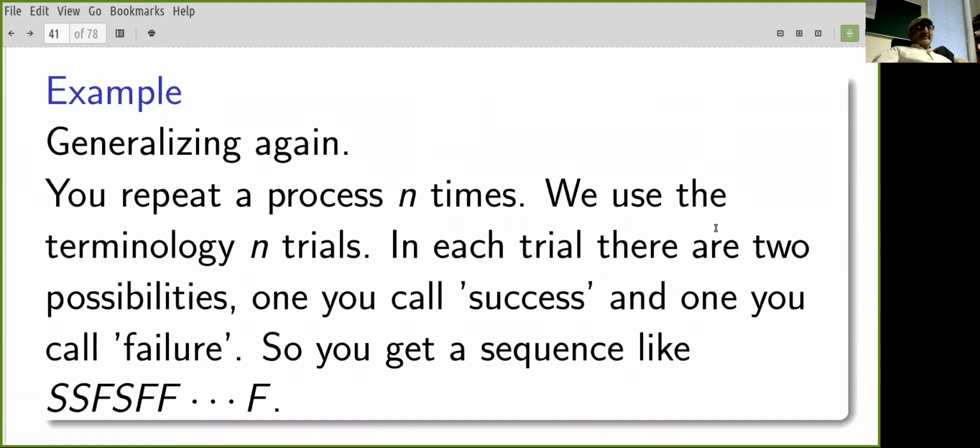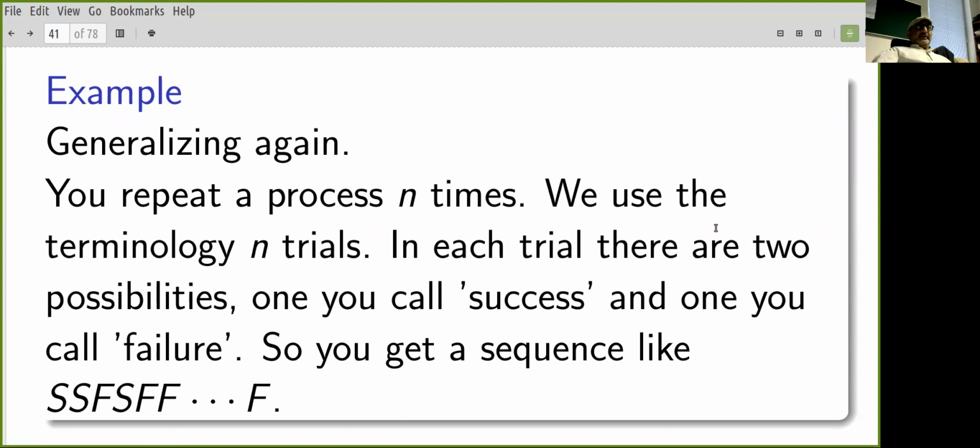Okay, generalizing again. Now, H's and T's are one example. We could have something that we label a success and something that we label a failure. When there are two possible outcomes, call one of them success and one of them failure.